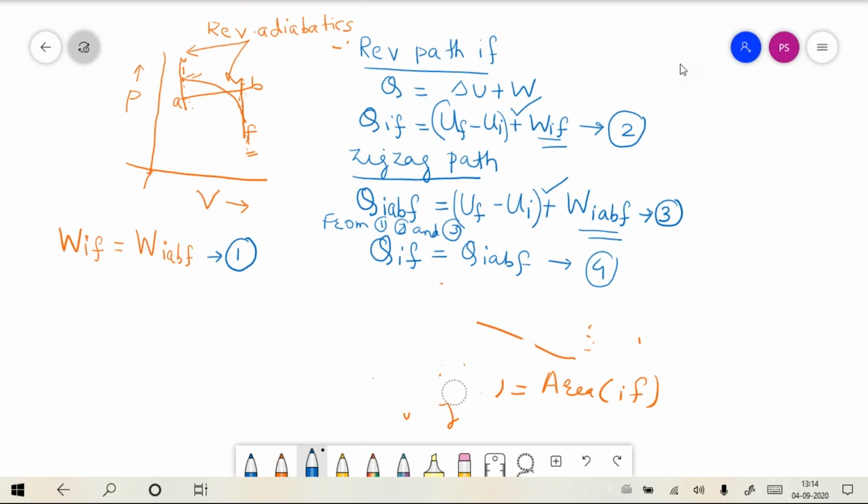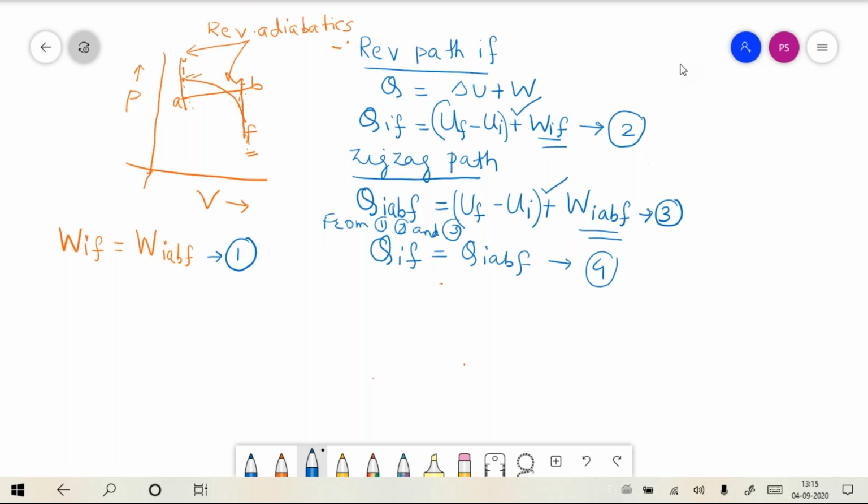If you consider the process I to F and compare it with the process IABF, in the manner which we have considered, the work transfer and heat transfer are the same.